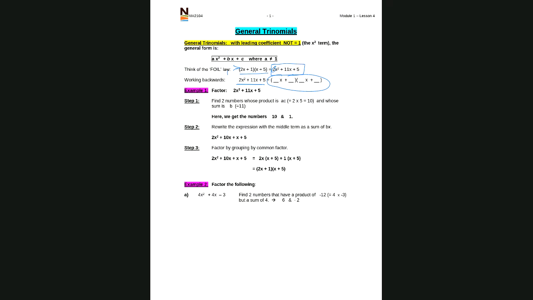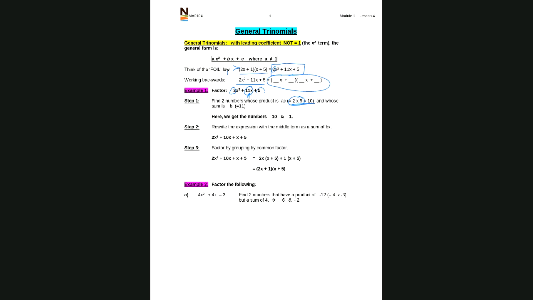Well, first we can multiply the coefficient of the first term and the last term. So 2 times 5 is 10. Now we need to find two numbers that multiply to 10 and add to the middle number. Now the numbers might come up again to 2 and 5, but let's list all the factors that have a product of plus 10.